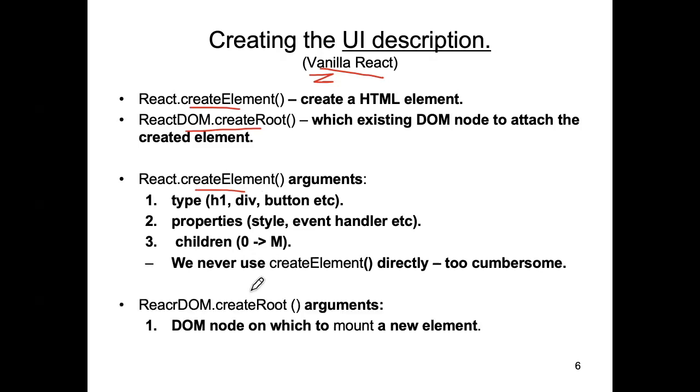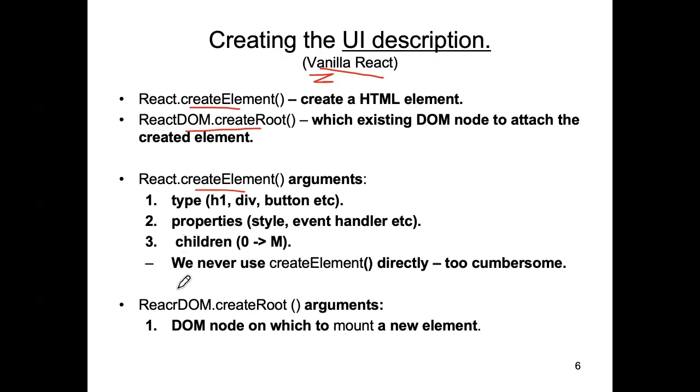The second method that I mentioned at the top is this ReactDOM one. I should probably have mentioned that the React framework is broken up into a number of separate libraries. One is called React, another one is called React DOM, and there are a couple of others as well. So we will be primarily looking at these two parts of the framework.